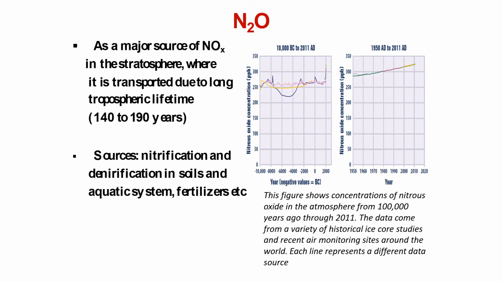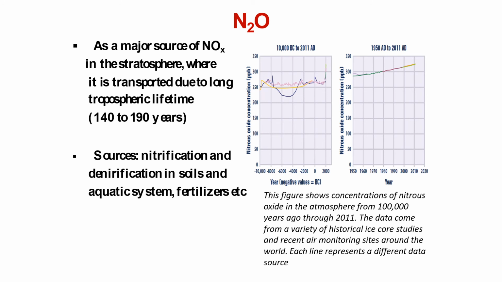Now in this slide, you can see nitrous oxide as a major source of NO in the stratosphere, where it is transported due to its long tropospheric lifetime, that is 140 to 190 years. You can see here sources of nitrification and denitrification in soils and aquatic systems, fertilizers, etc. They are the sources of nitrous oxide in the atmosphere.